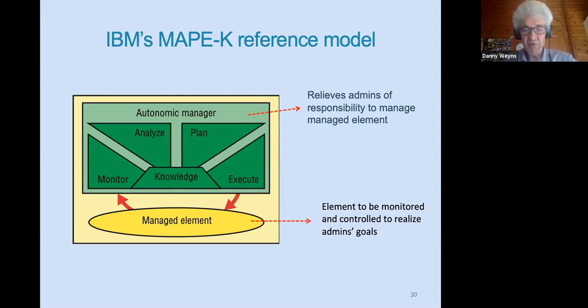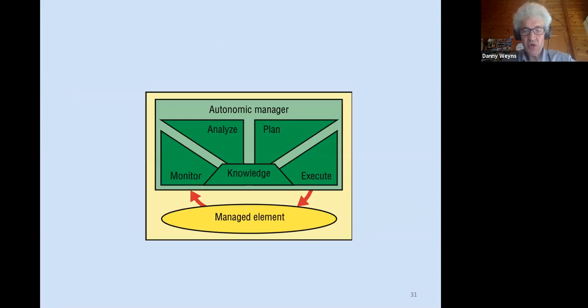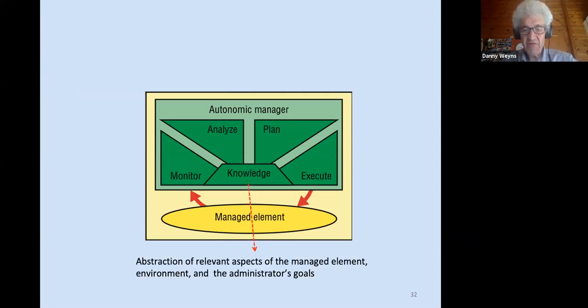Let us look quickly into this green box and at the different functions that you see there. The first part is the knowledge, which is shared among all the other parts. That knowledge keeps the representation of the underlying system, probably also its context and the goals that need to be achieved. Then the monitor collects data at runtime that is fed to this knowledge to keep an up-to-date image of what is going on in the world with respect to that managed system.